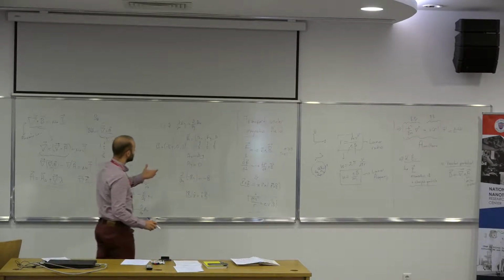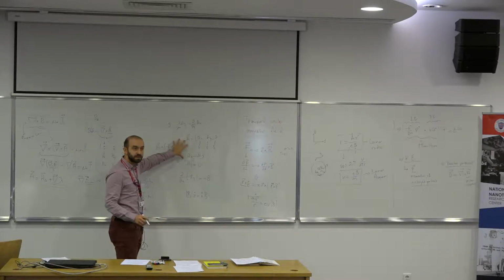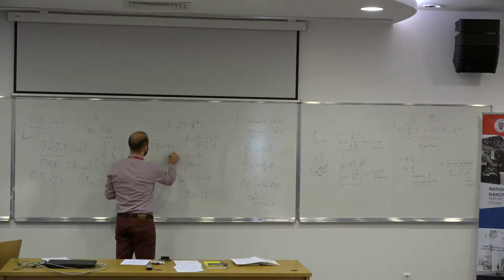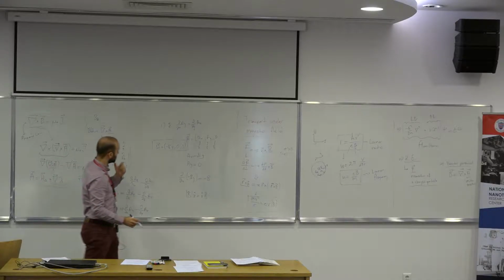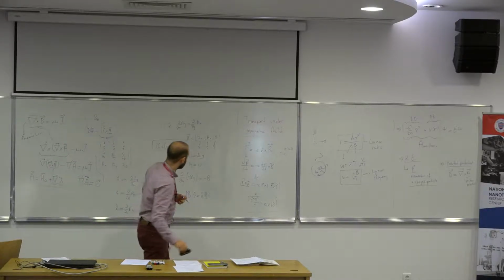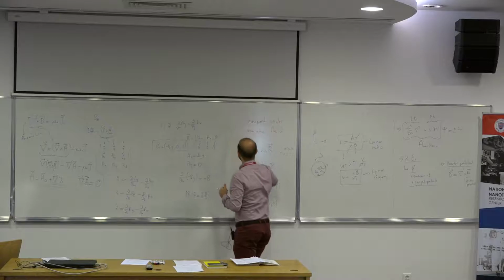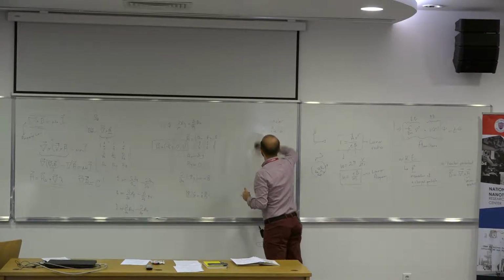So this is one way to write this vector potential, but it's not the only way. I can show you another vector potential that can describe the same magnetic field.